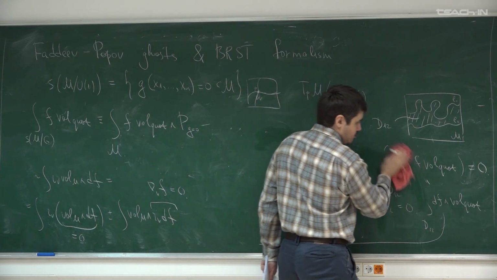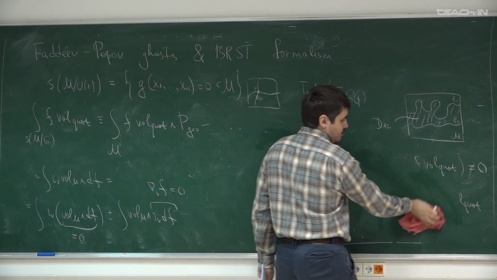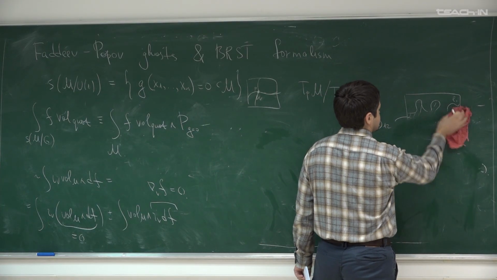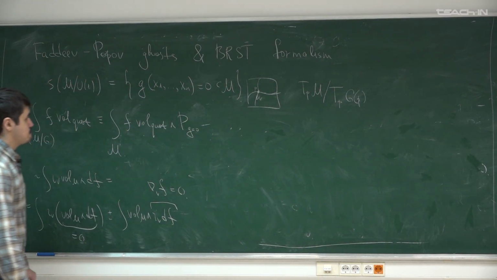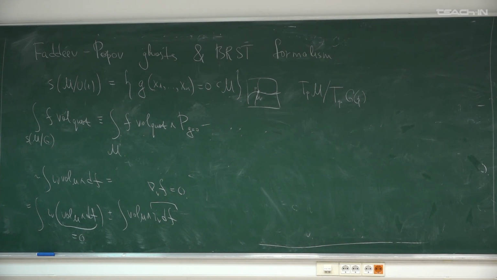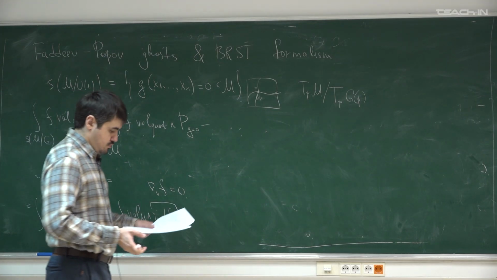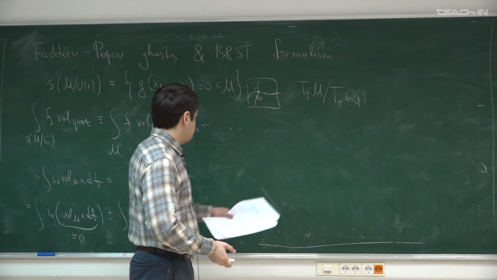For example, if it's a circle, then x squared plus y squared equals 1. So we just assume that we have this kind of description of this submanifold. Pretty standard.